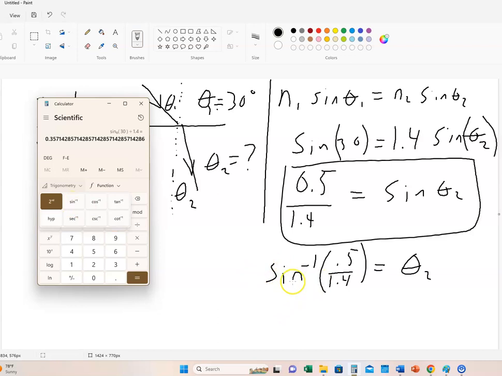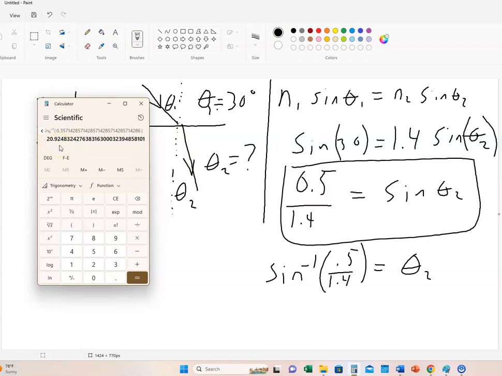That's what this is down here. So I just take the sine to the -1 of that number right there, and that's how you get the angle. When the light came in at 30 degrees, it's going through the material at 20.92 degrees.